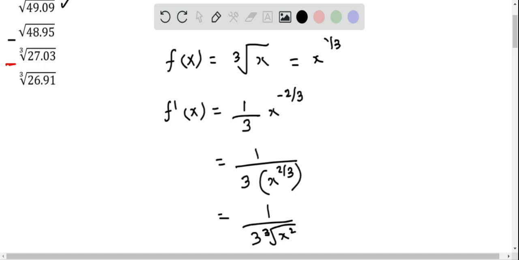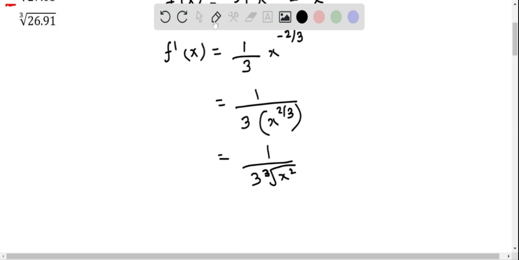In fact, we can rewrite this in a slightly different form: 1 by 3 times the quantity cube root of x, squared. Let's have it like this.